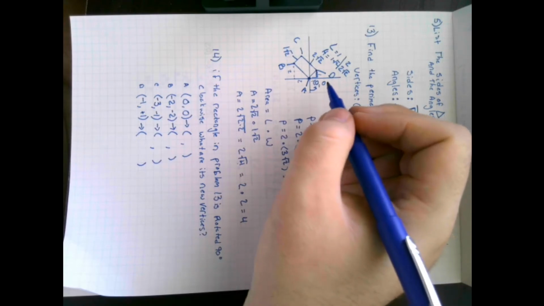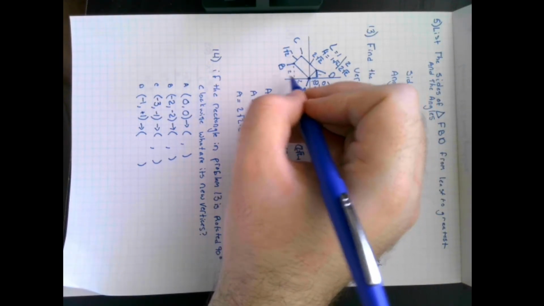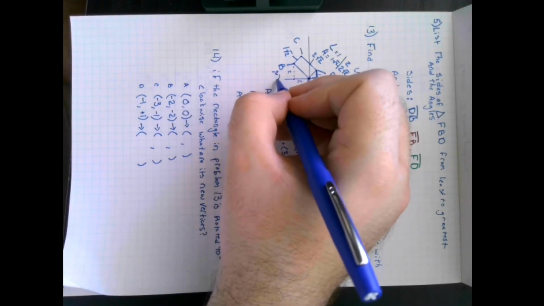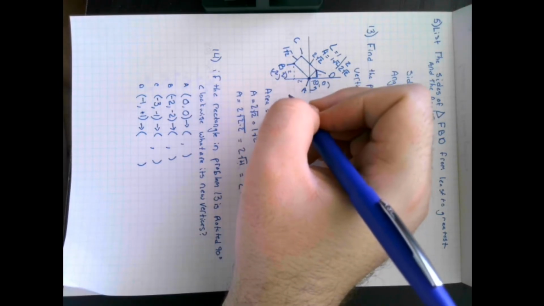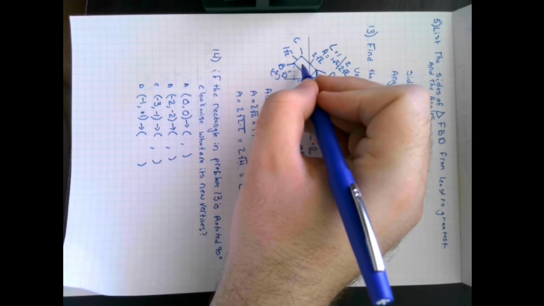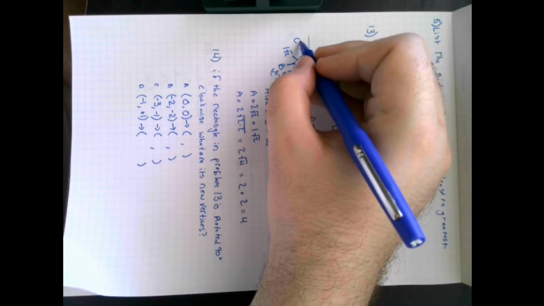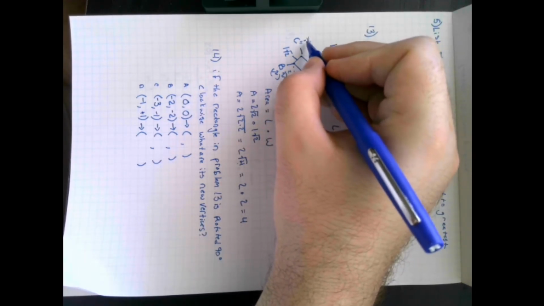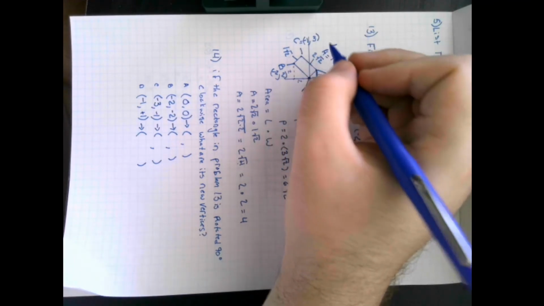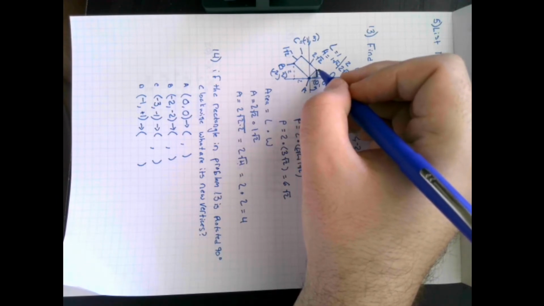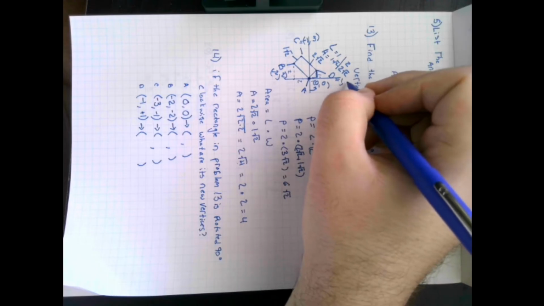Well, what about B? Now B is still 2 over, but it's up 2 instead of down 2, isn't it? We have to go 2 to the left and 2 up. C is 1 to the left, so C would be negative 1, and then it's 3 up. And D is now 1 to the right, and 1 up.